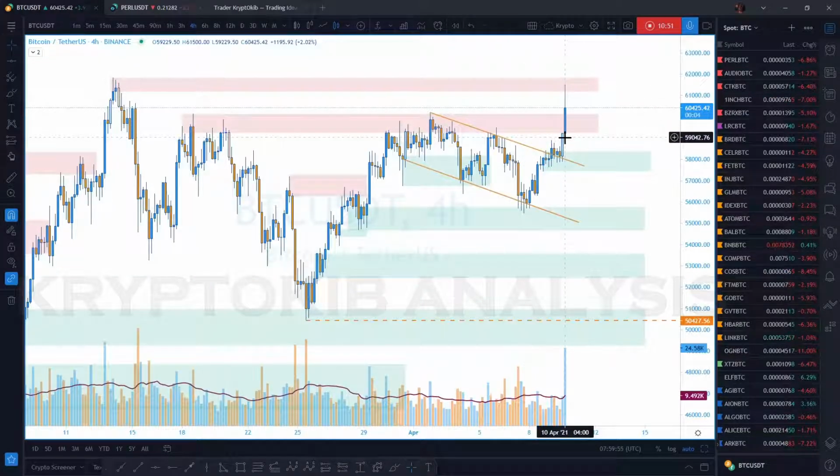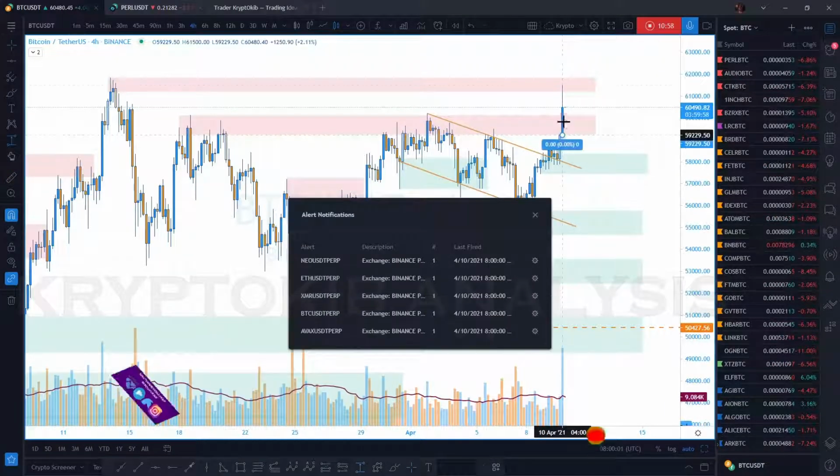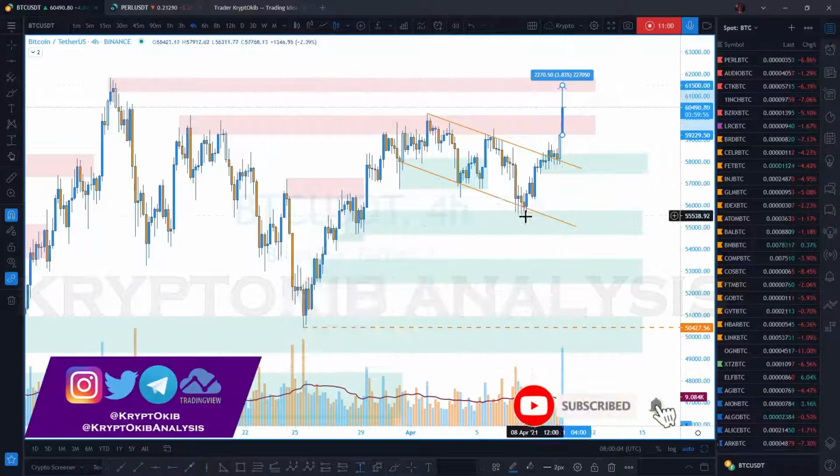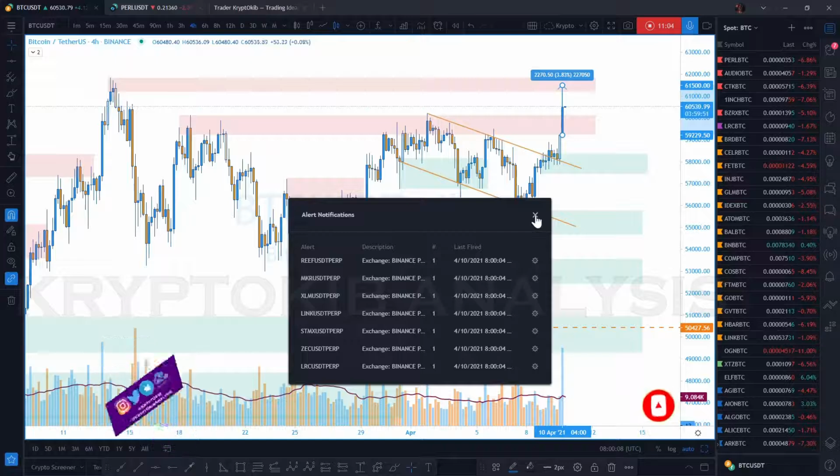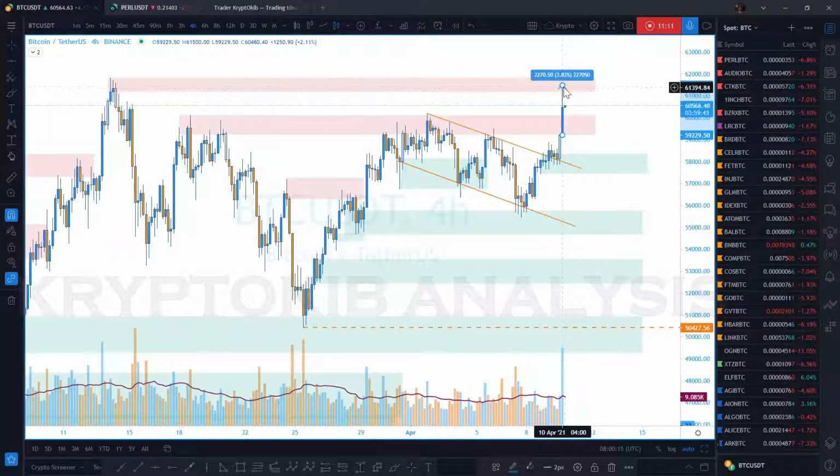Right, and let me quickly take the measure of this range. Let me do that with this. Okay, we have a close on the 4-hour now. Those alarms are from the indicators showing me that some zones are formed on some coins.